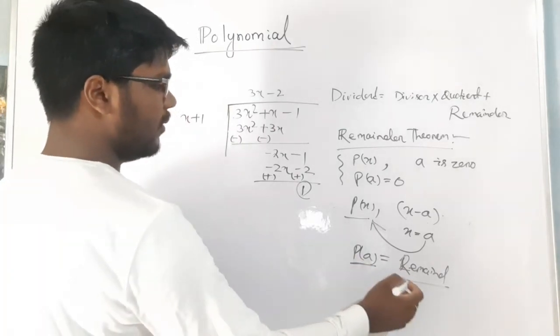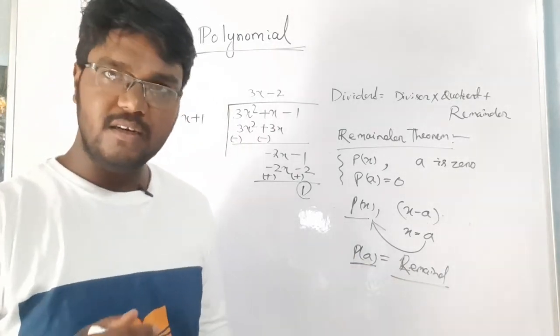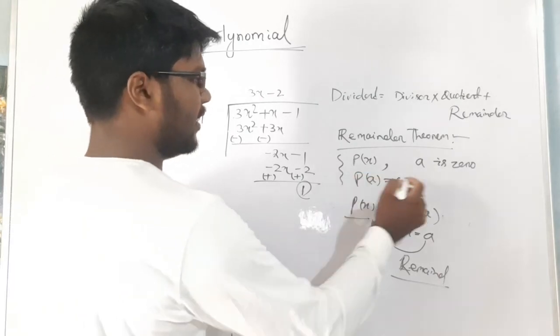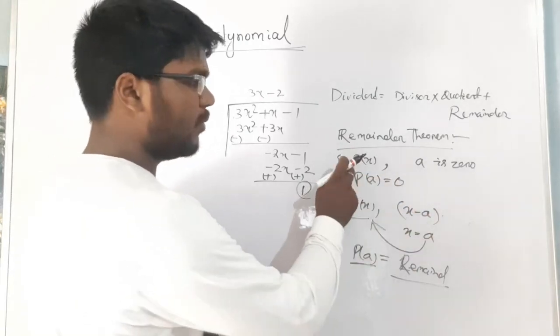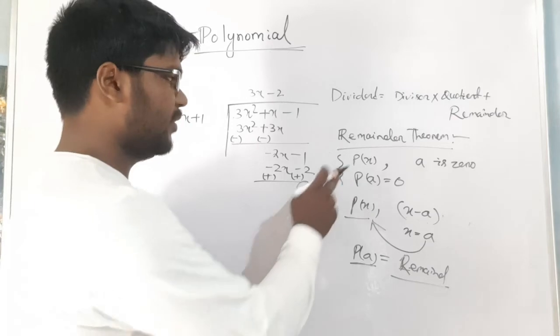If p of a becomes 0, that means the remainder is 0, then x minus a will be a factor of the polynomial p of x.